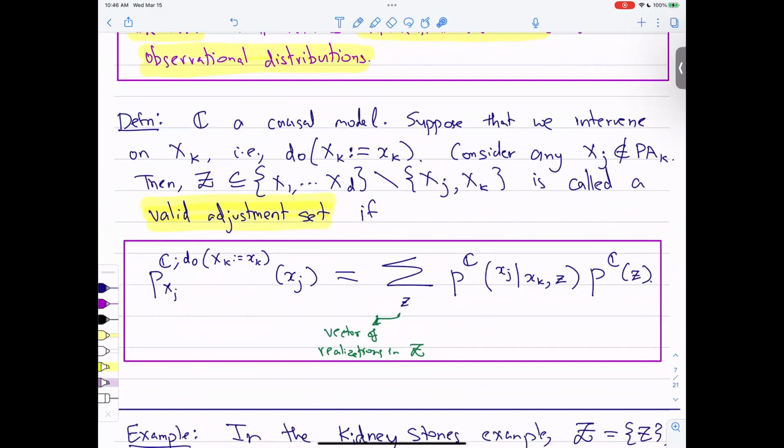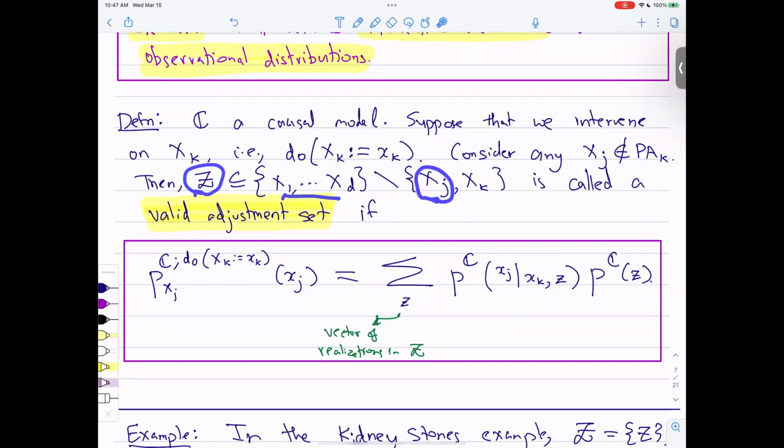Okay, so I'm going to define a valid adjustment set. Okay, so C is a causal model. And say we intervene on node k, meaning do xk, the random variable xk is set to little xk. And let's consider any j not in the parents of xk. Okay, some other node. And finally, consider a set of variables z, a subset of x1 through xd, which does not include xj or xk.